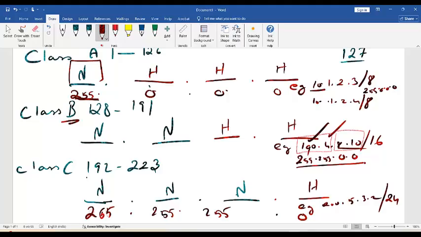Now we have learned that IP address version 4 has got 32 bits. To avoid wastage, classification is done, and 3 classes for unicast. What is unicast?